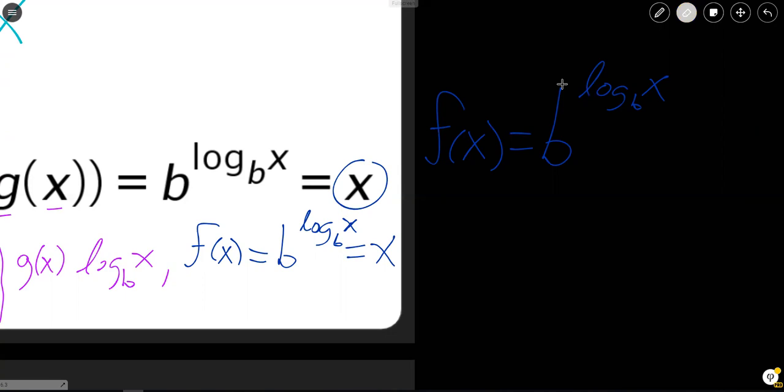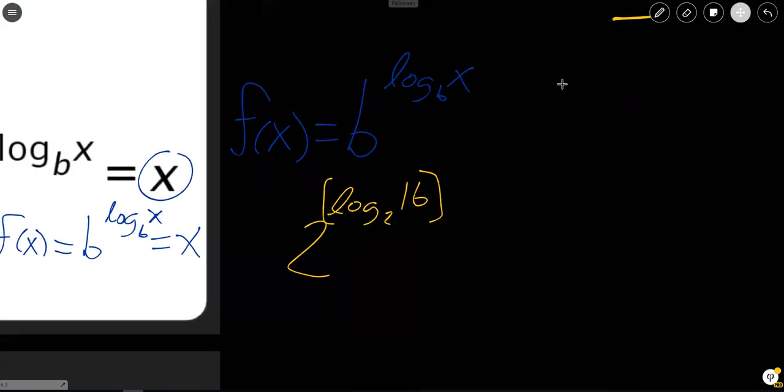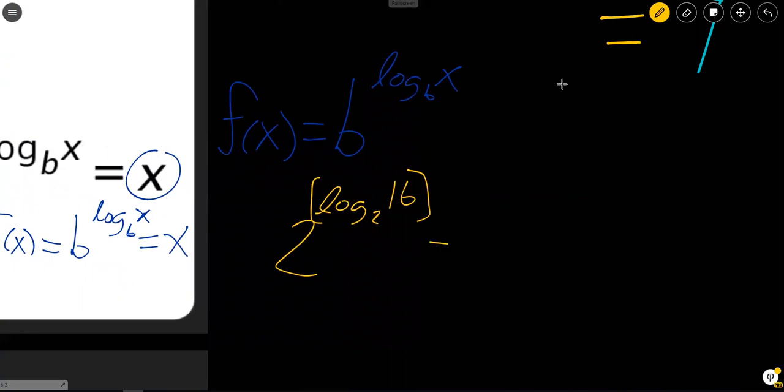Actually, I'm not even going to write the f of x stuff. If I just have 2 to the log base 2 of 16, well, I can evaluate the stuff up here in the power. Log base 2 of 16 is just 4. 2 to the 4th gives me 16 again.